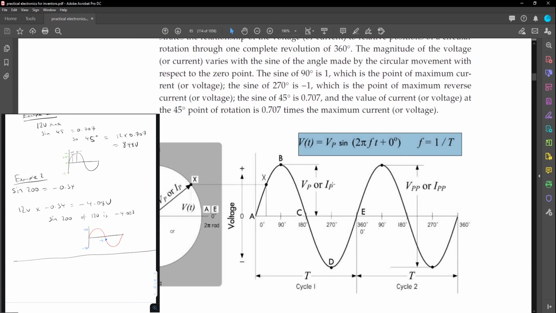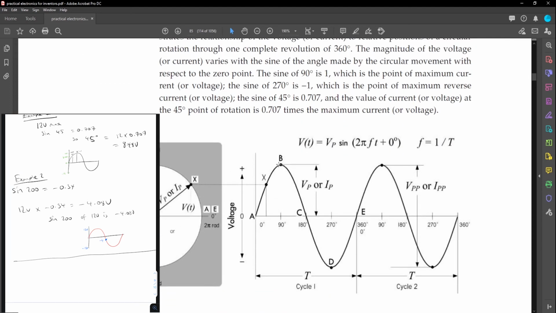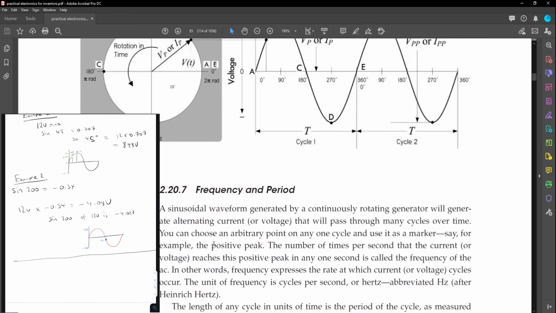Voltage P or IP? And then it's got PP and IPP. So voltage P and then sine 2 pi ft plus 0. I don't get that at all. So maybe, okay, I assume this part is for down here, I think.